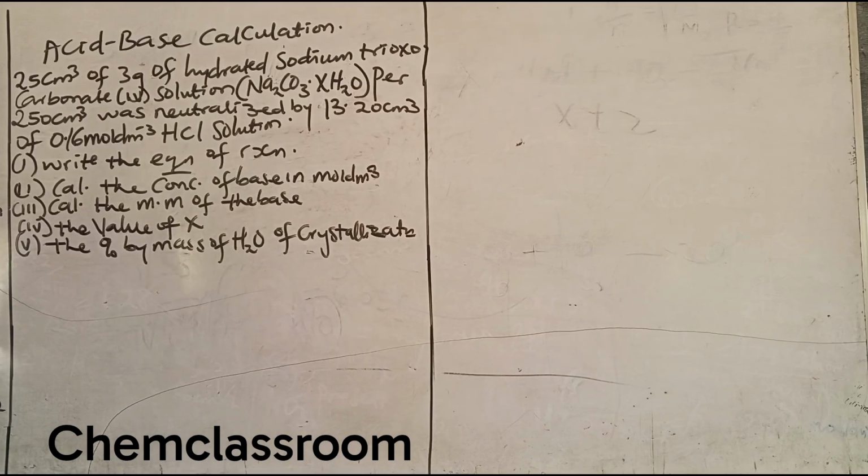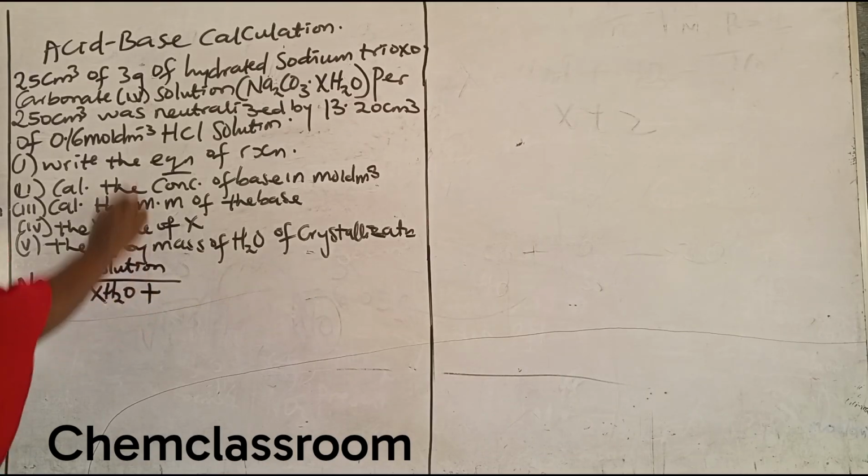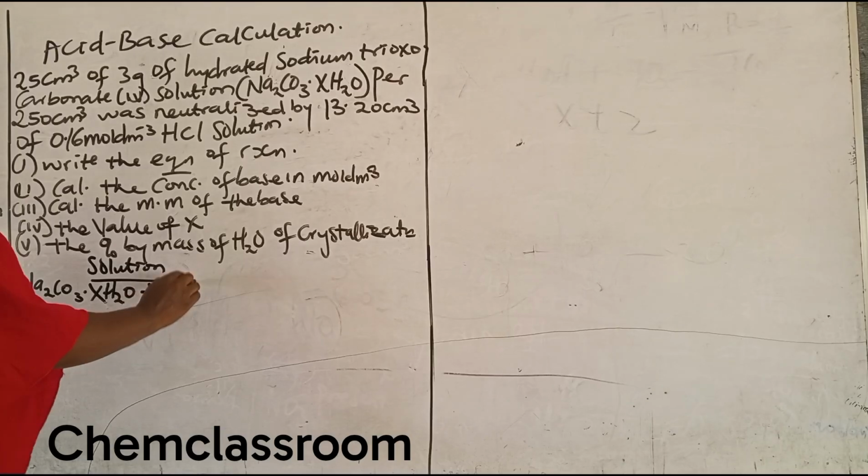So the first thing we are asked to do here is to what? So we are going to start solving right away. Solution, we have to write the equation of the reaction. So for the equation, we have what? Na2CO3. Of course, the number of water of crystallization we don't know, is reacting with what? HCl solution.